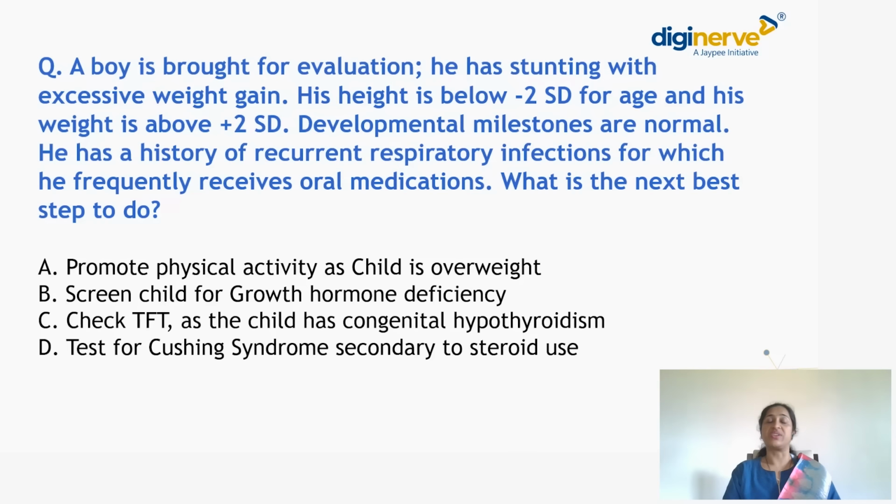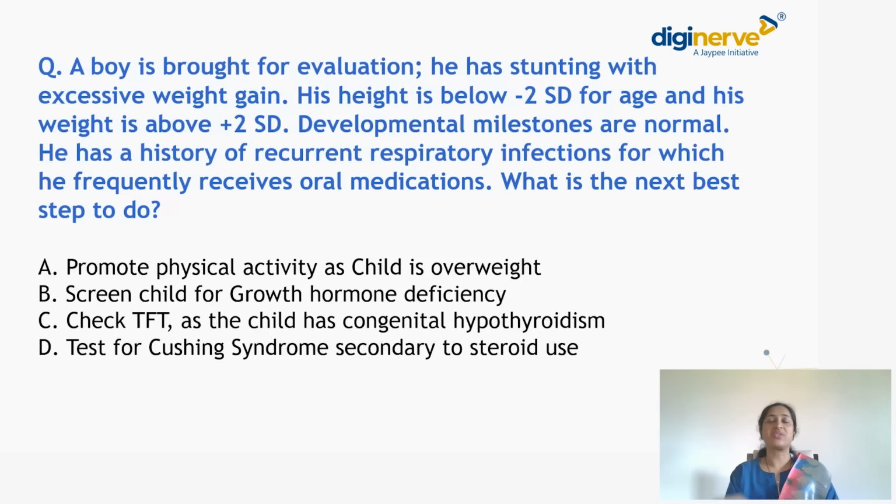So the last option, test for Cushing syndrome secondary to steroid use. Now, this child has received oral medications for recurrent respiratory tract infections. Now remember, one of the commonest practices here is that children who have childhood wheezing are regularly put on short courses, 3-day, 5-day, 7-day course, of oral steroids.